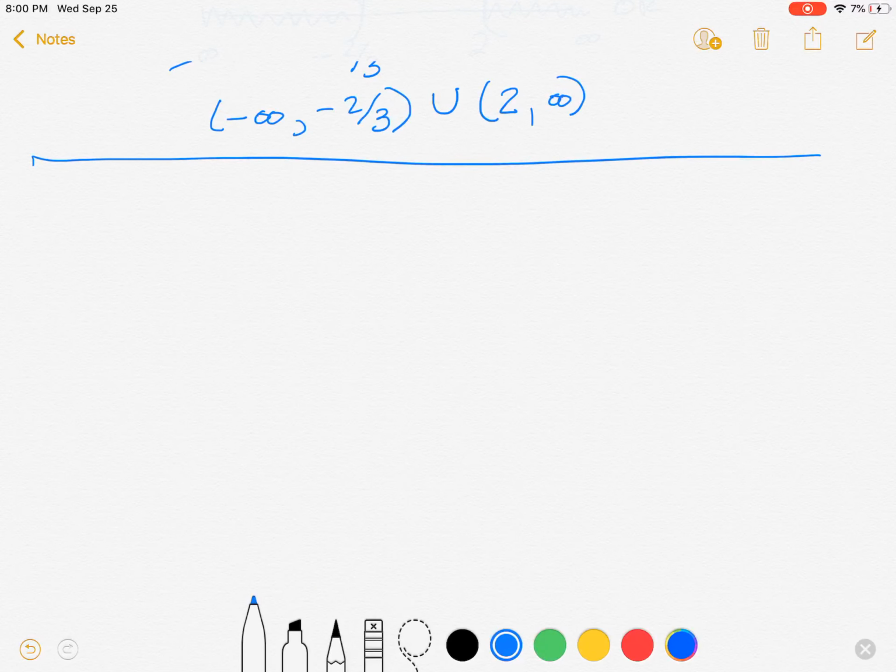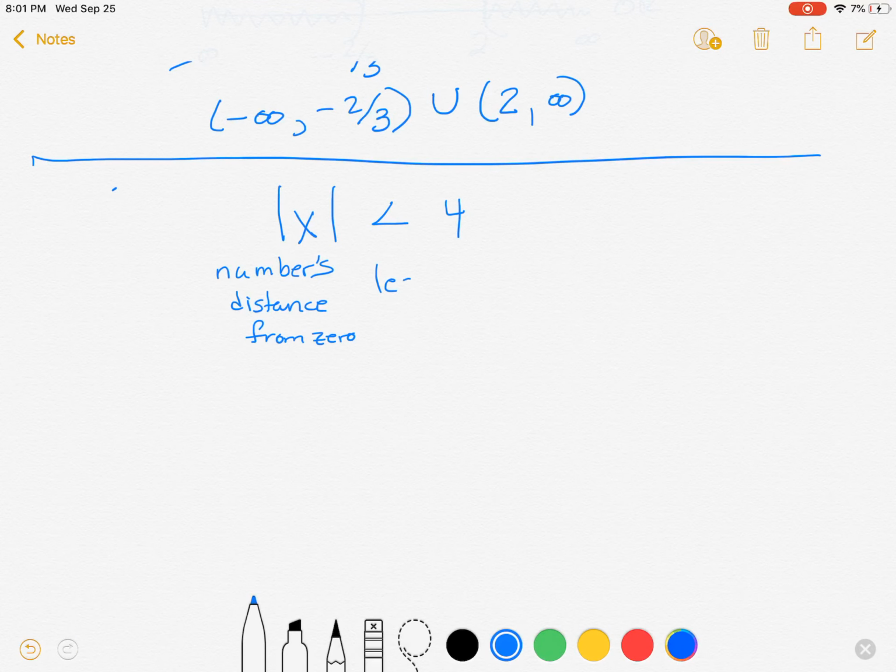All right, so I'm just going to do one in general. Let's look at the absolute value of x is less than 4. If I go to a number line, again, we're talking about a number's distance from 0 is less than 4 units.